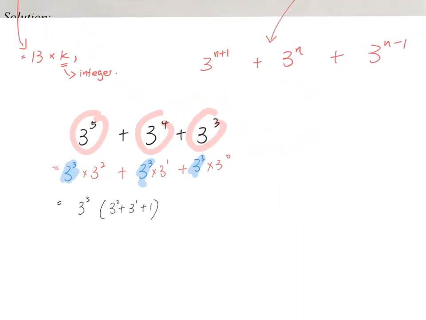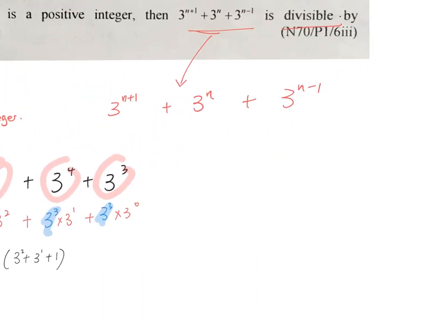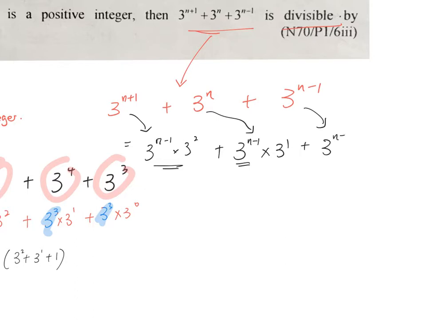In this context, using this numerical example, I can write 3 to the power of n plus 1 as 3 to the power of n minus 1 times 3 to the power of 2. 3 to the power of n is the same as 3 to the power of n minus 1 times 3 to the power of 1. And 3 to the power of n minus 1 is the same as 3 to the power of n minus 1 times 3 to the power of 0.